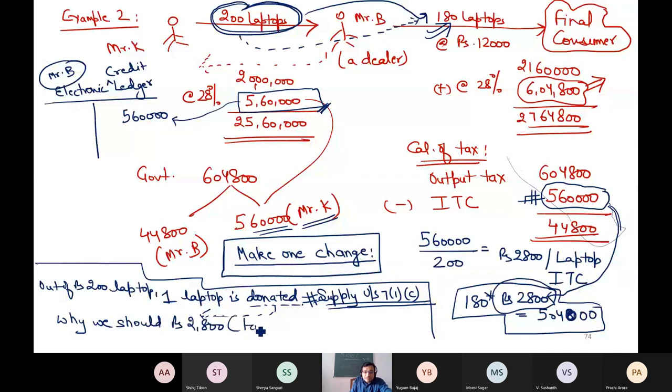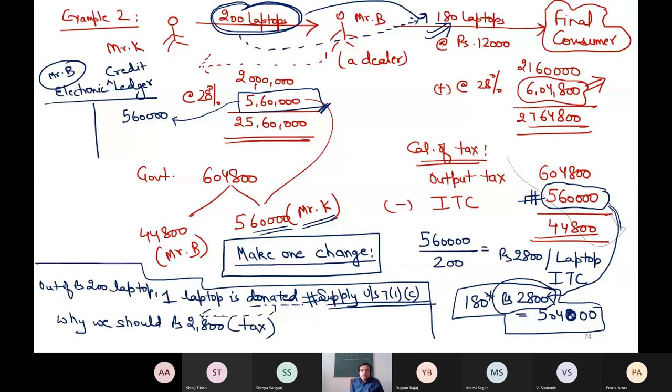Because it is the government's tax amount. When you donate laptop, you are not only giving your money in that donation, you are giving government's tax revenue also. And government being a secular nation, as per the Indian constitution, the government will decide themselves whether the donation is to be given for the common purpose or for the purpose of one particular religion or one particular caste or one particular person's satisfaction.